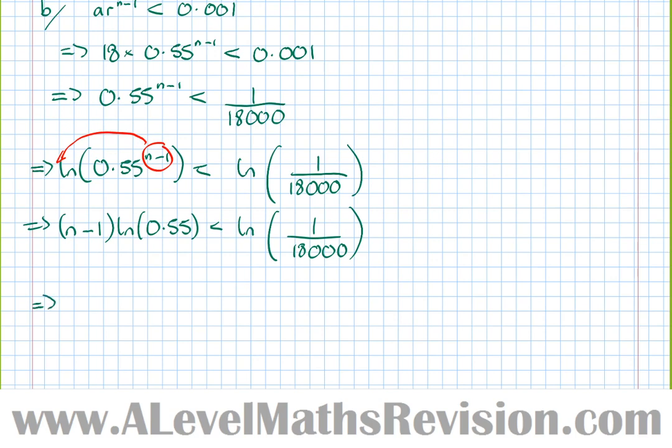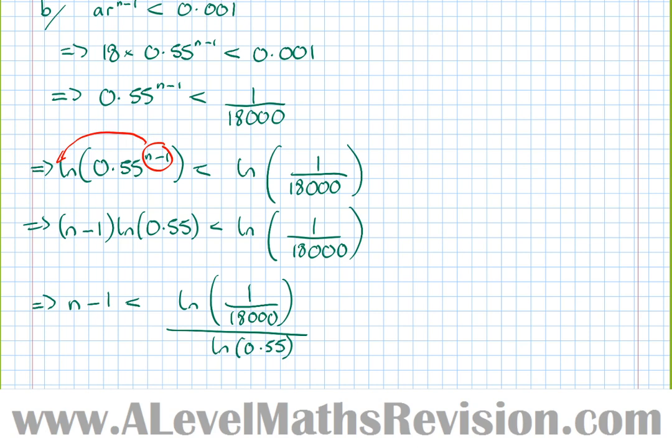Now I'm going to divide by log of 0.55. So n minus 1 is less than log of 1 over 18,000 divided by log of 0.55. Something strange has happened here, because this line that I've just written is incorrect.